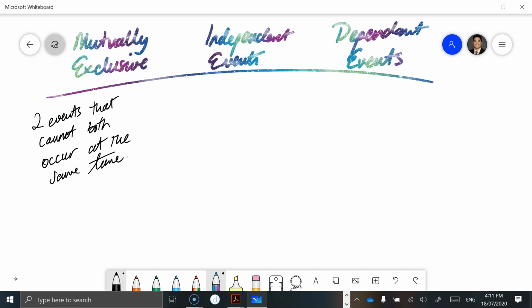Now it's mutually exclusive because you can't draw a card out of the deck that is both a heart and a club. Those two events, event one being hearts, event two being clubs, are mutually exclusive. You can't have both at the same time.